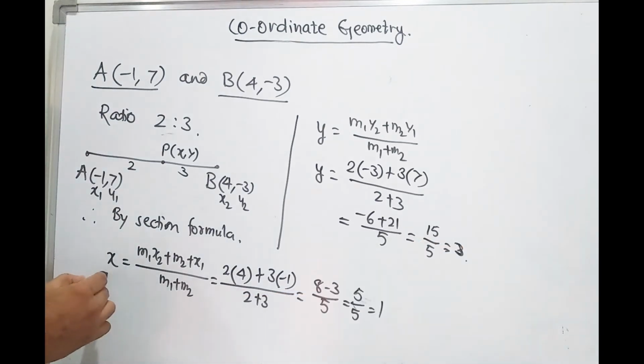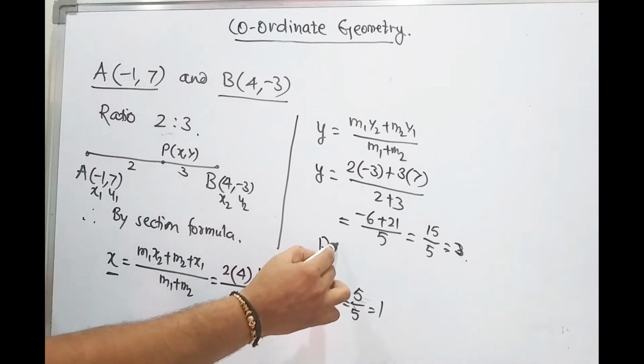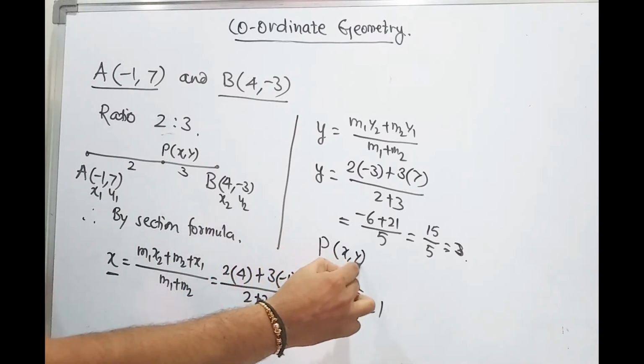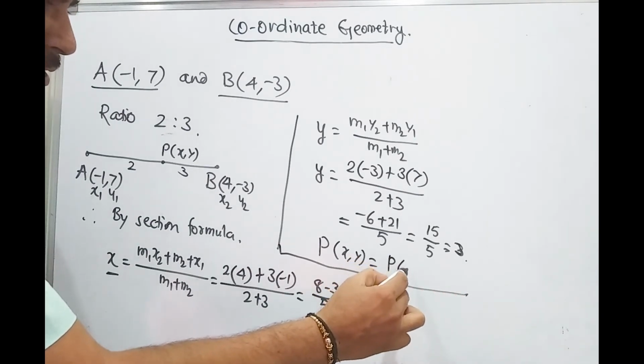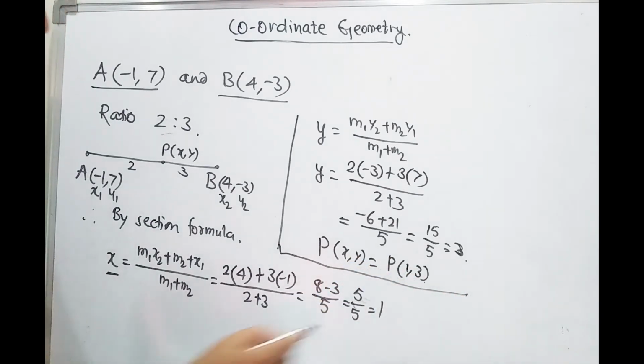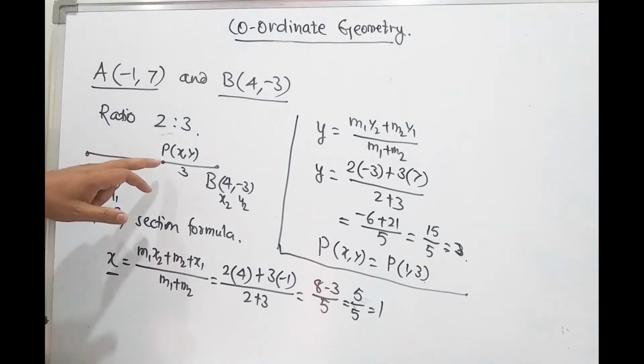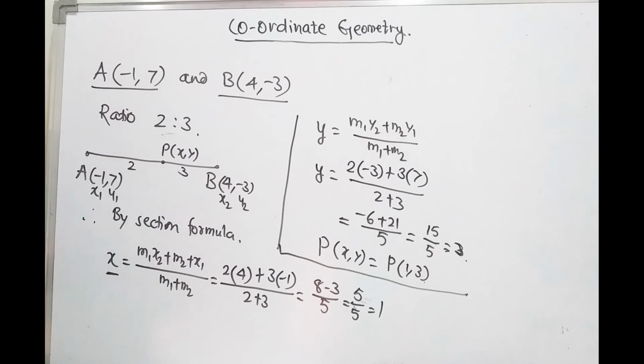So coordinate of point P, x and y is P(1, 3). So like this we can find out the coordinates of the point dividing the line segment by using section formula.